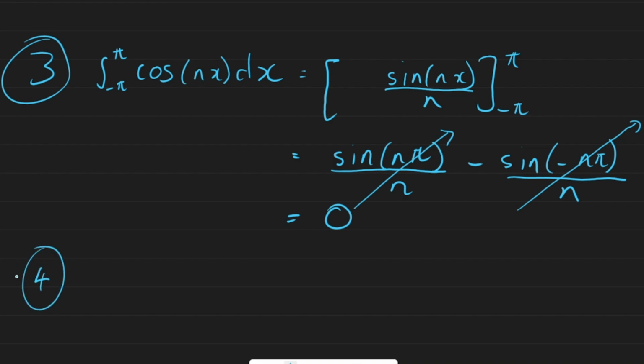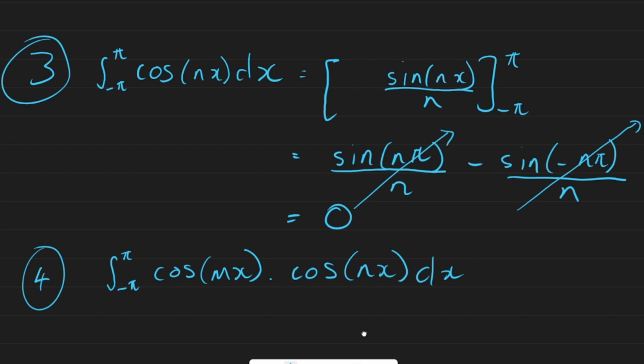So the fourth integral that we want to look at is where we integrate from minus pi to pi of cos mx times cos of nx.